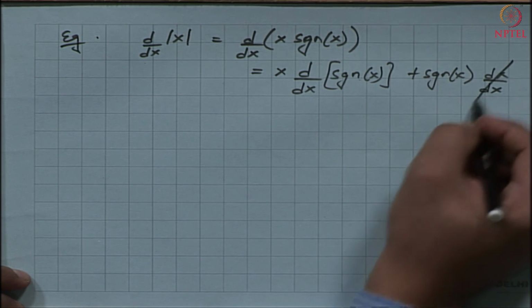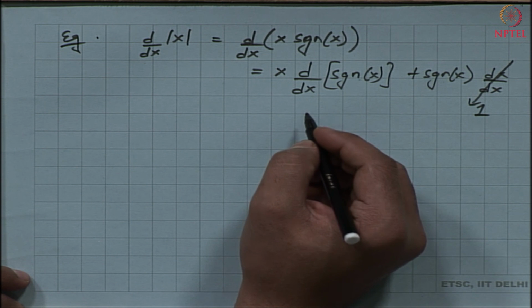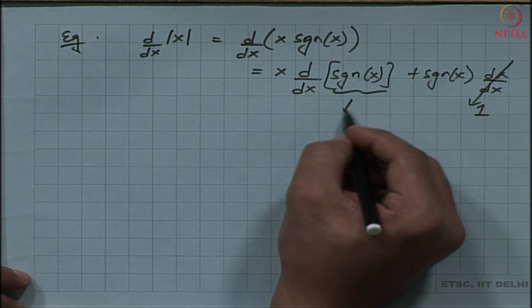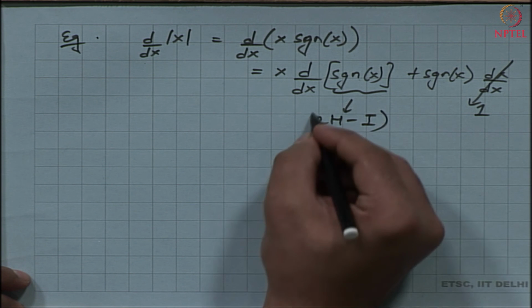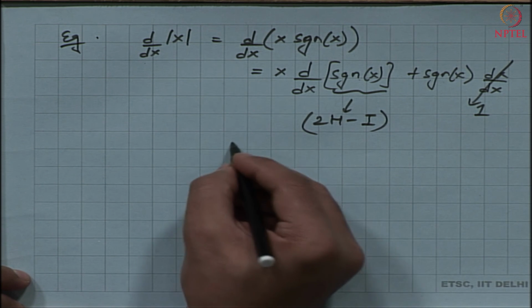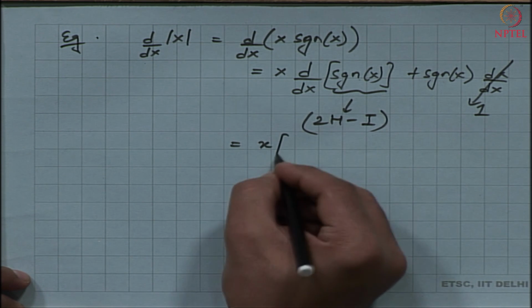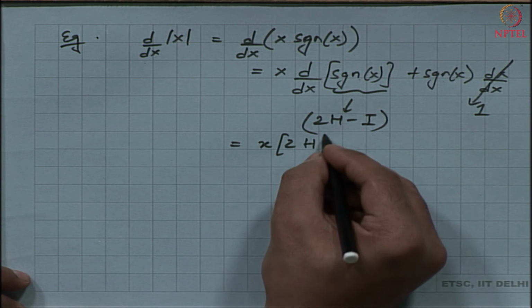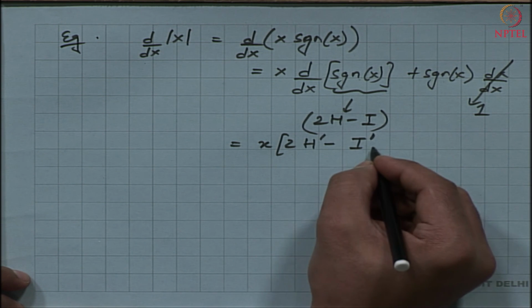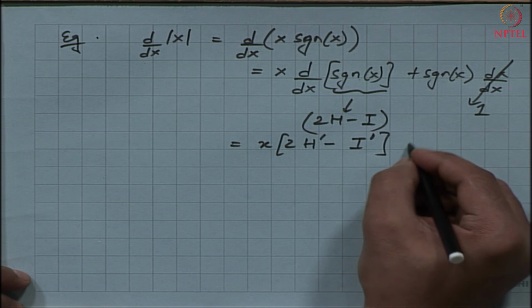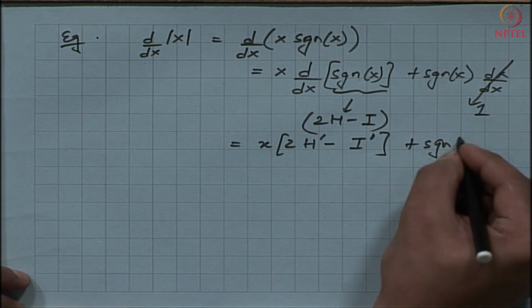So, then this is 1, and you can check that my sign function is 2 times Heaviside function minus the unit function. So, all I get is x times 2 times Heaviside function derivative minus the unit function derivative, plus sign of x.